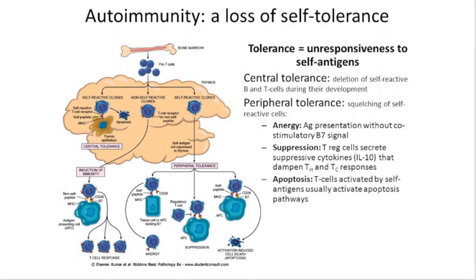Another way is deletion by apoptosis. So normally T cells that recognize self-antigens may receive signals that promote their death. By apoptosis, depletion of these T cells can occur in the thymus and also in the periphery. And again, there's a lot of steps involved in this, but what you must understand is that we basically recognize self-antigen, but our checks and balances system does not get rid of it.